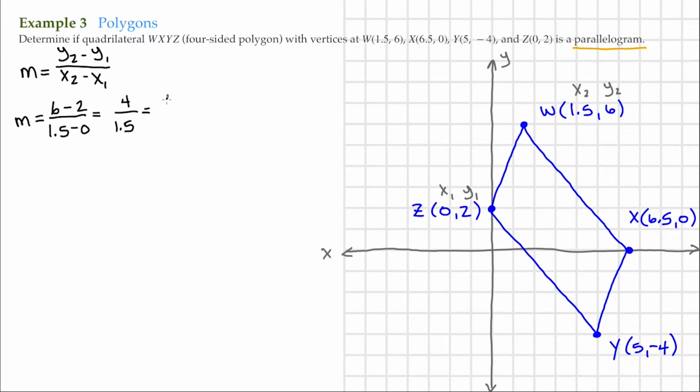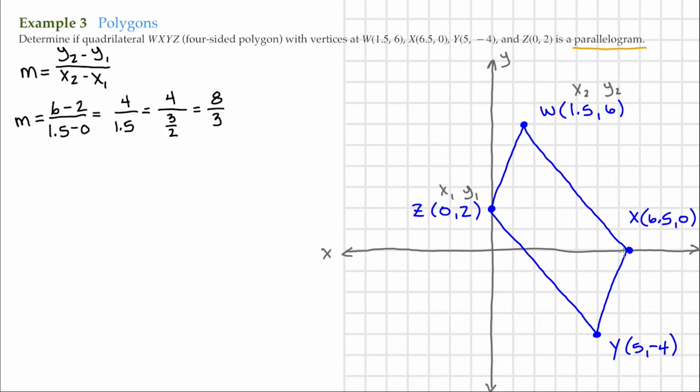This is the same as 4 over 3 halves. And 4 over 3 halves, that's 8/3. You should always express your slopes in fractional form, at least for these exercises. So the slope of this line segment here is 8/3.